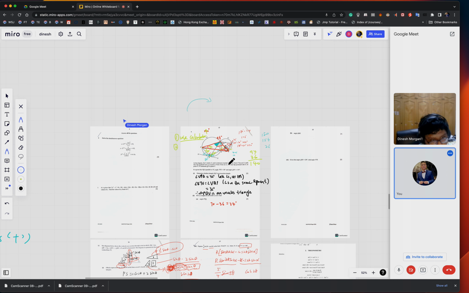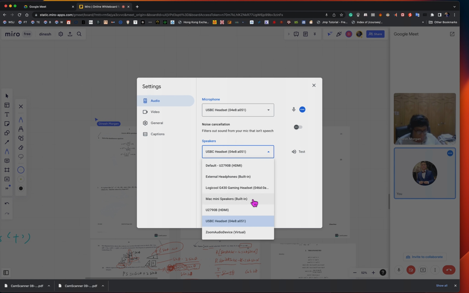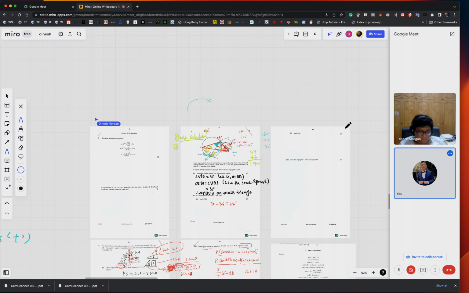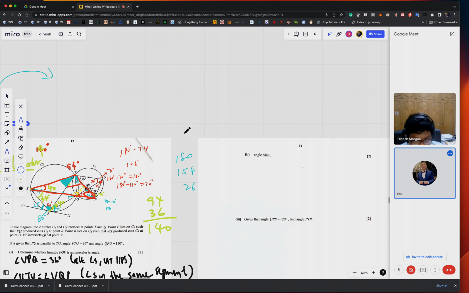Even with the bell curve impact, I think 85 and above you will get an A1. So don't lose the forest because of a tree. It's not worth it.